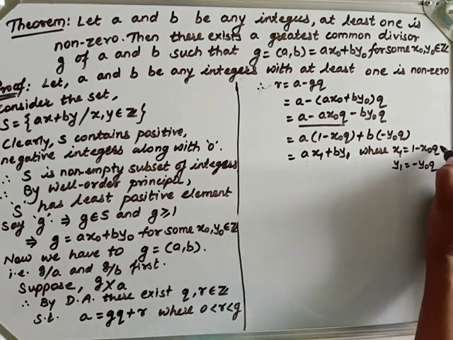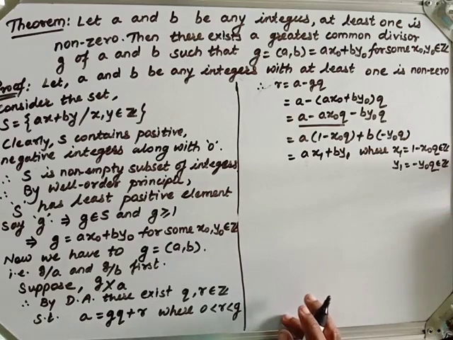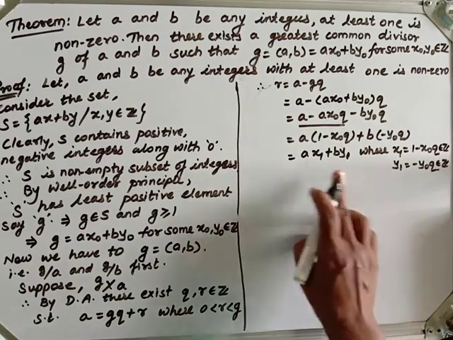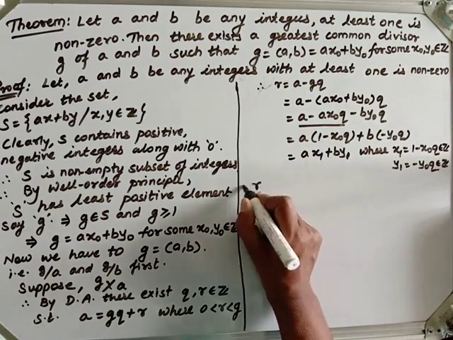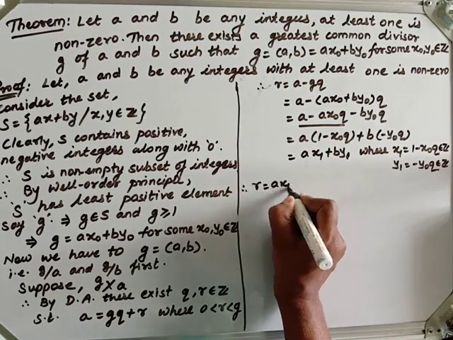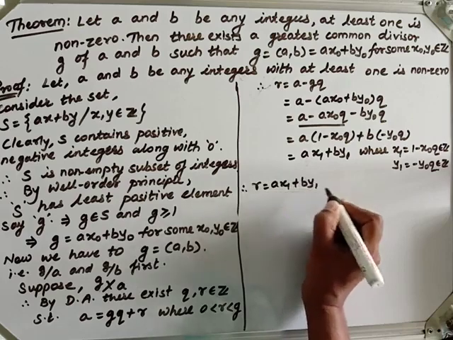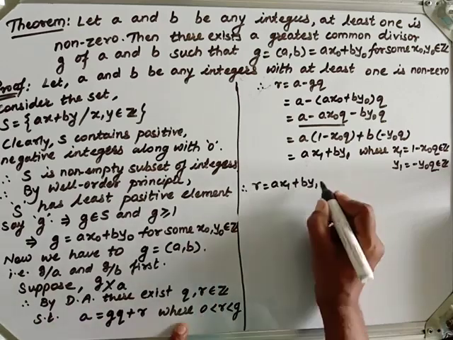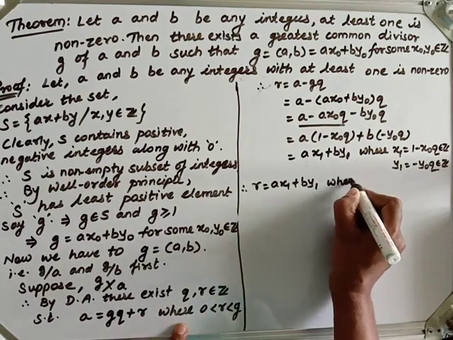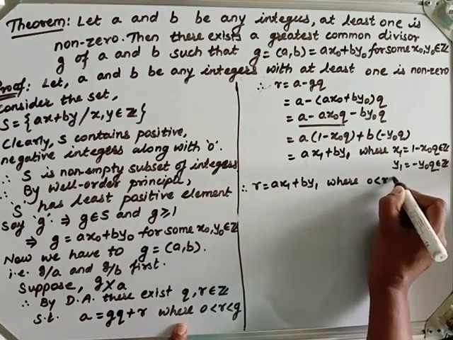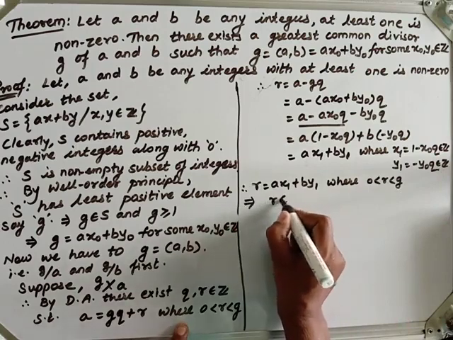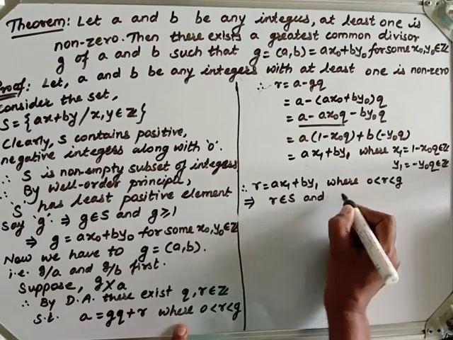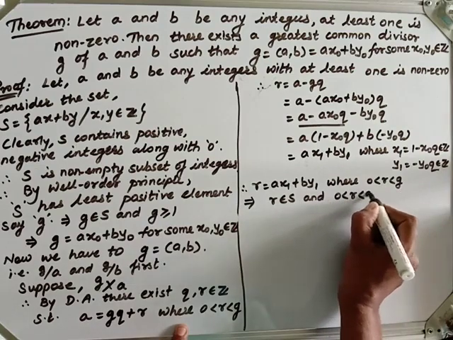Both belong to Z. So therefore R is equal to A x1 plus B y1 with this condition: 0 less than R less than what? G. So this says R belongs to S and 0 less than R less than G.